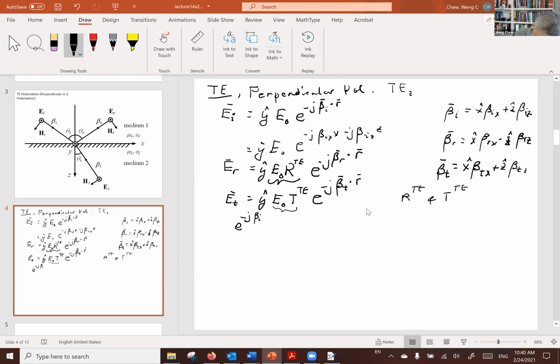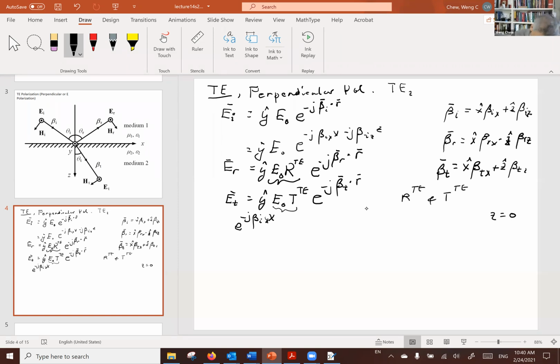Let me write down this factor explicitly, setting z equal to 0. So if I write down the factor, it would be e to the j beta ix x. But because I set z equal to 0, the exponent to the z just becomes 1.